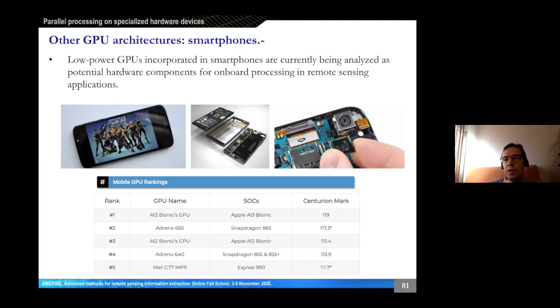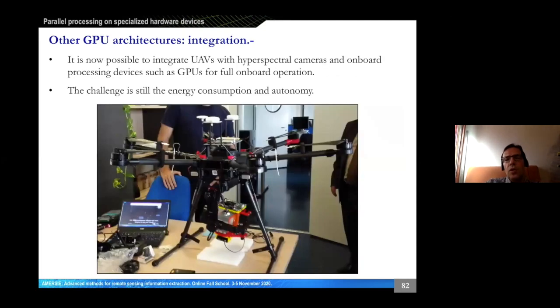If the algorithm is not parallelizing well, then probably you need to resort to more sophisticated GPUs. But still, I believe some of the developments that are currently made, maybe Roberto can comment a little bit about that, at the European Space Agency and so on, are based on this kind of tiny but very, very low power consuming GPUs. And of course, you can also mount your own architecture.